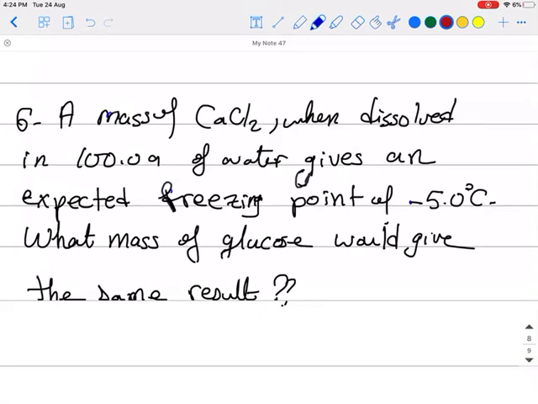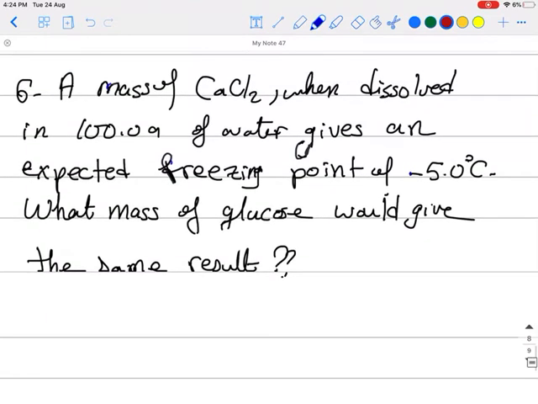The last problem in our session, we will talk about a mass of calcium chloride, and we need to do some calculations. A mass of calcium chloride, when dissolved in 100 grams of water, so water is the solvent here and calcium chloride is our solute.